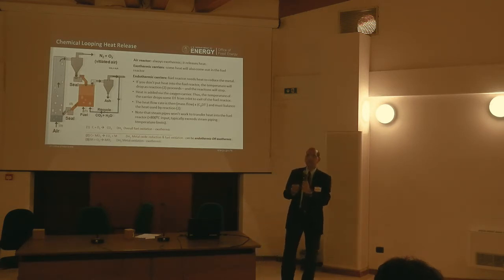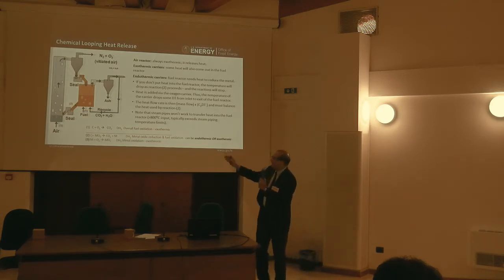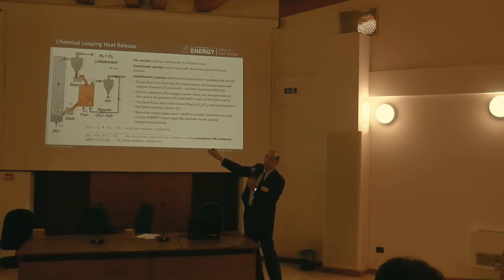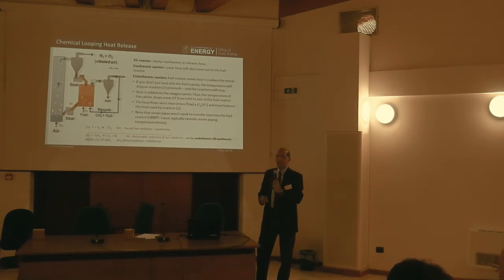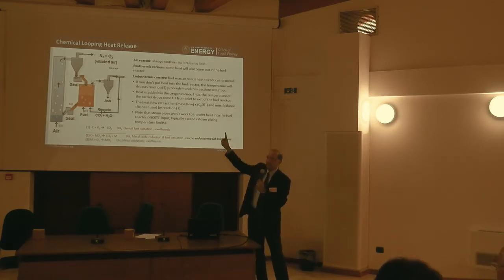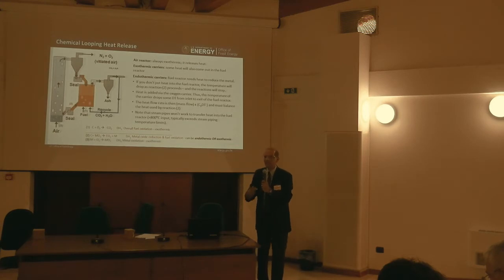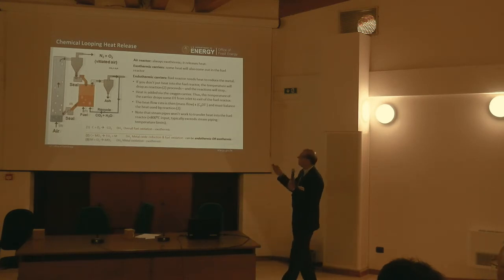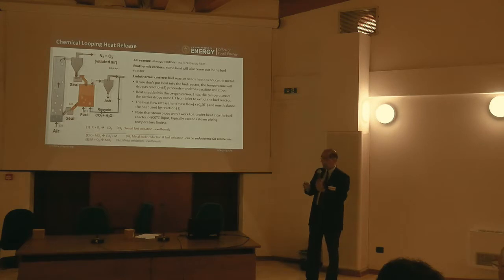So there should be a balance of how you generate heat in the air reactor and how you use that heat in the fuel reactor. If you can achieve that balance, then it's called an autothermal reactor. But unfortunately, it's not easy. So there's a lot of research going on in this, because the rate at which you get heat from the air reactor is different from the rate at which the endothermic reactor needs the heat. So there's a balance between the two. There are a lot of challenges that you need to go through.